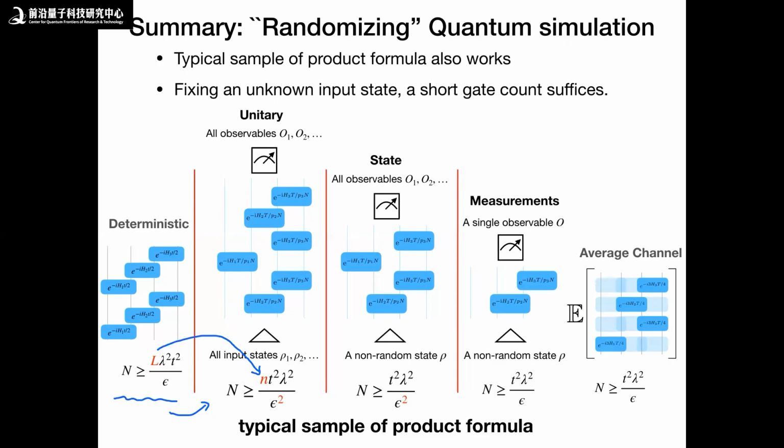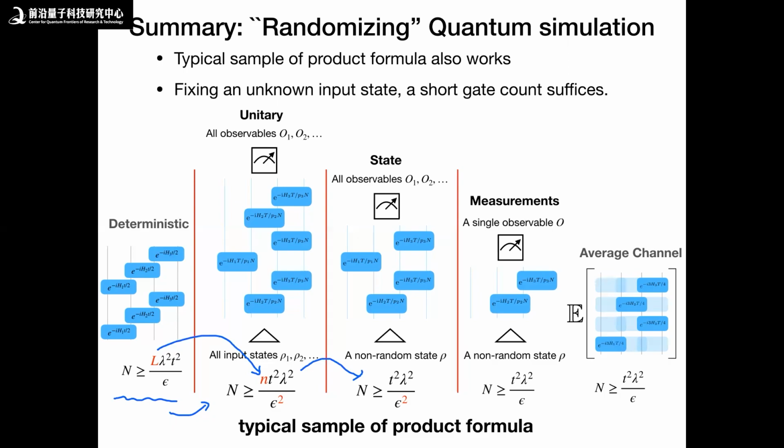And interestingly, it further decreases if you only care about some non-random states. It's not that you need to know your states. It's just any state that's input before you choose your gate.